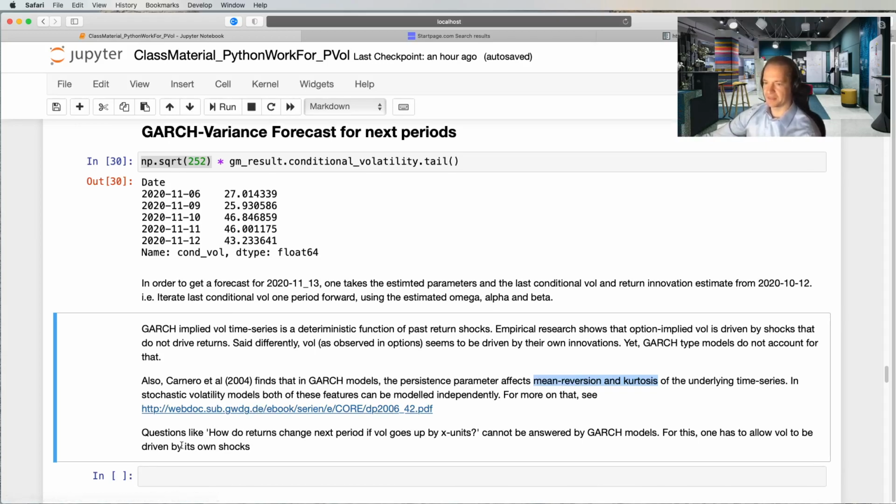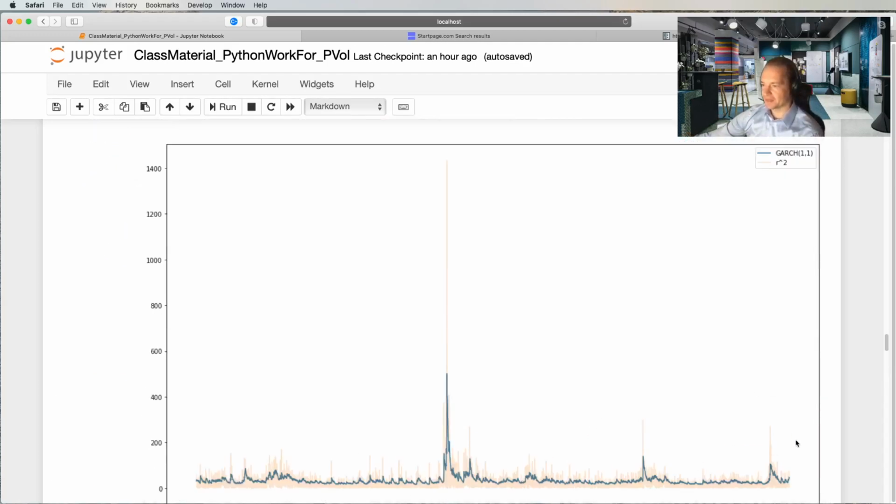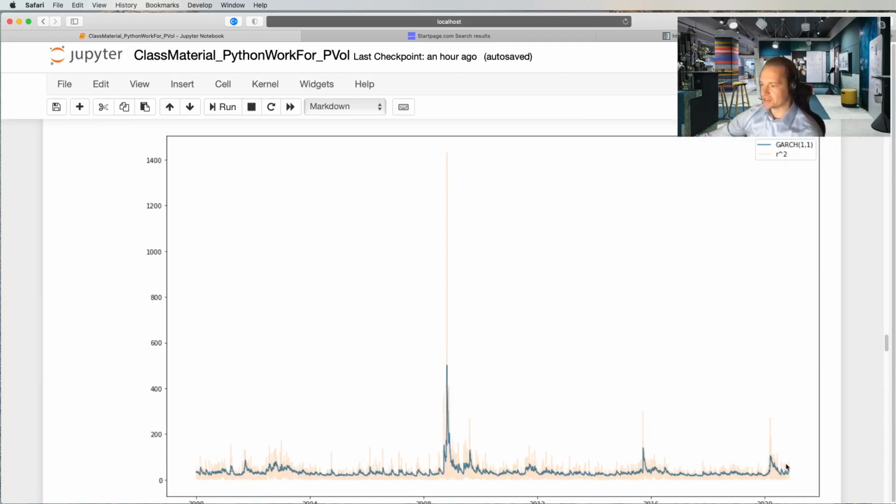Another thing is questions like, how do returns change next period if vol goes up? That cannot be answered by the GARCH. If you, for example, say now I'm in such a stress period or in such a calm period, what's the implication then for returns?